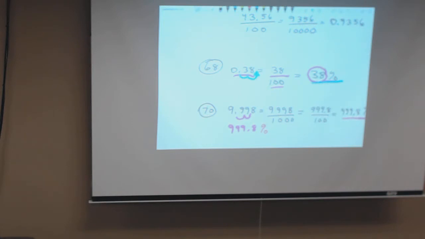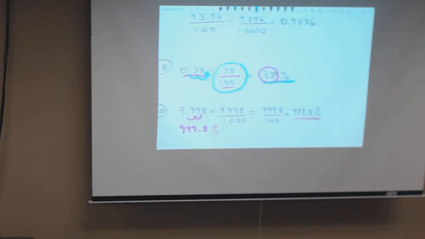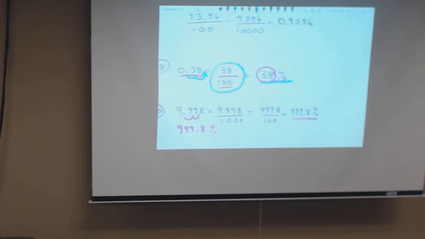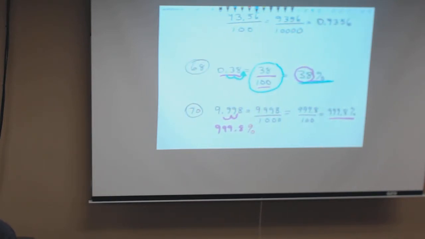If you want to see an explanation, 0.38 is 38 over 100. Percent means per 100, so that would be 38 per 100. So it's 38%. In other words, you can take any decimal and write it as a fraction with a denominator of 100, and the numerator will be your percent.